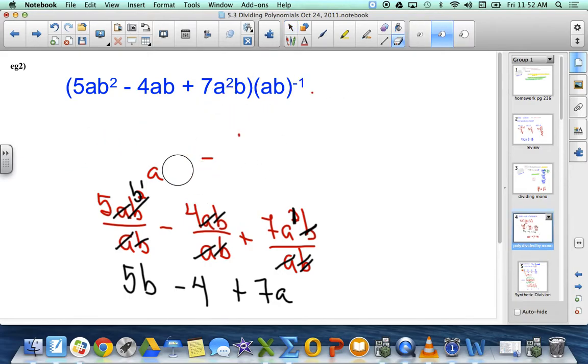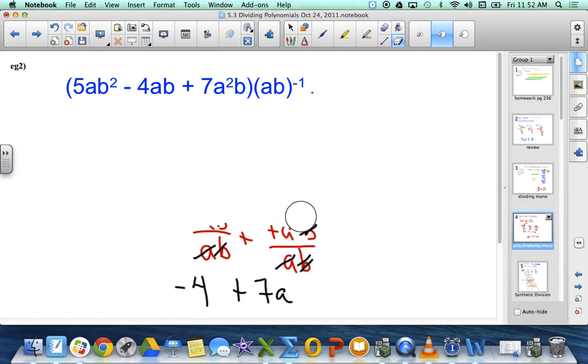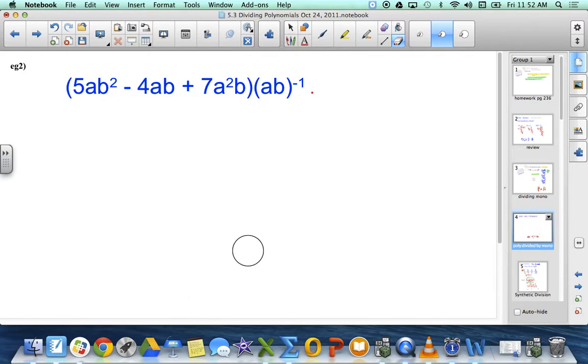So the next problem I have is a polynomial divided by a monomial. Once again, remember that this is divided by.